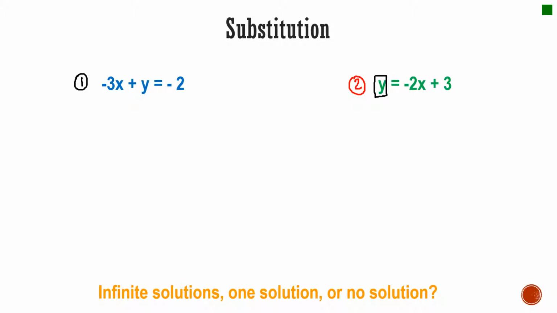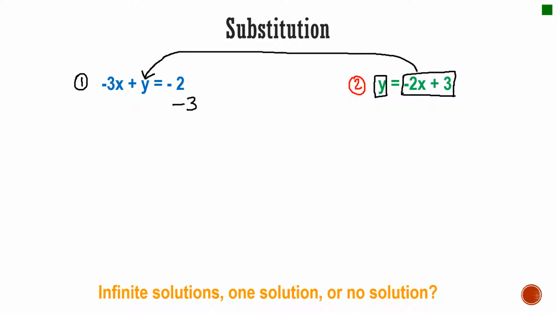I can see that y equals negative 2x plus 3. So what I'm going to do is substitute this part of the equation, negative 2x plus 3, right here in equation 1 for y. So let's start this substitution.